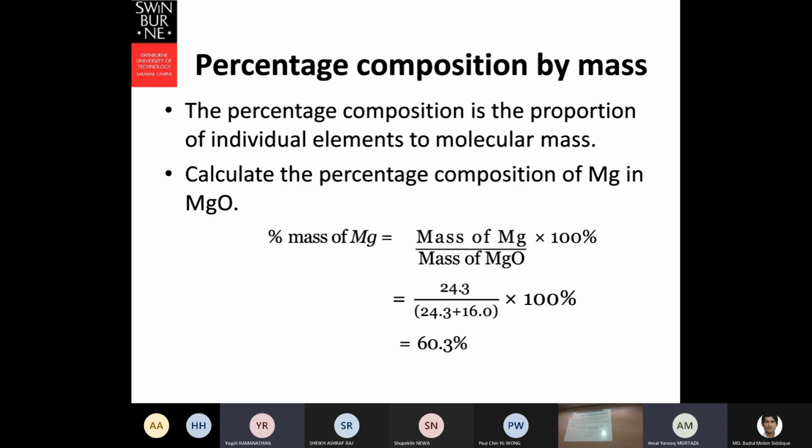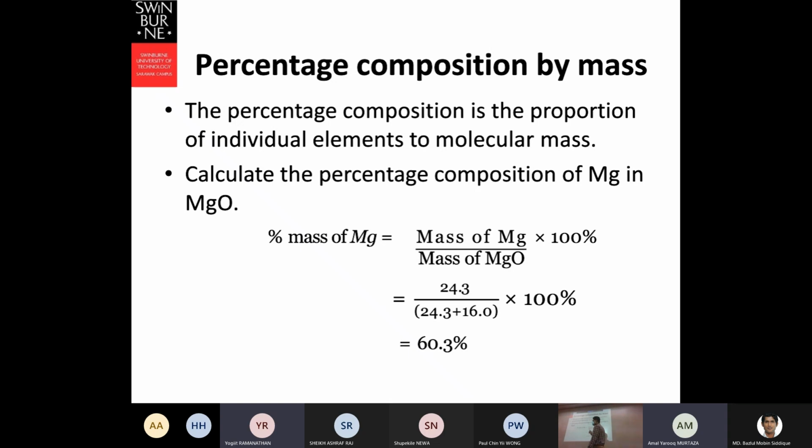But there is another problem: in a chemical compound, just now I said H2O, HCl, H2SO4, which is sulfuric acid, I want to know how much percentage of one of the elements is there.